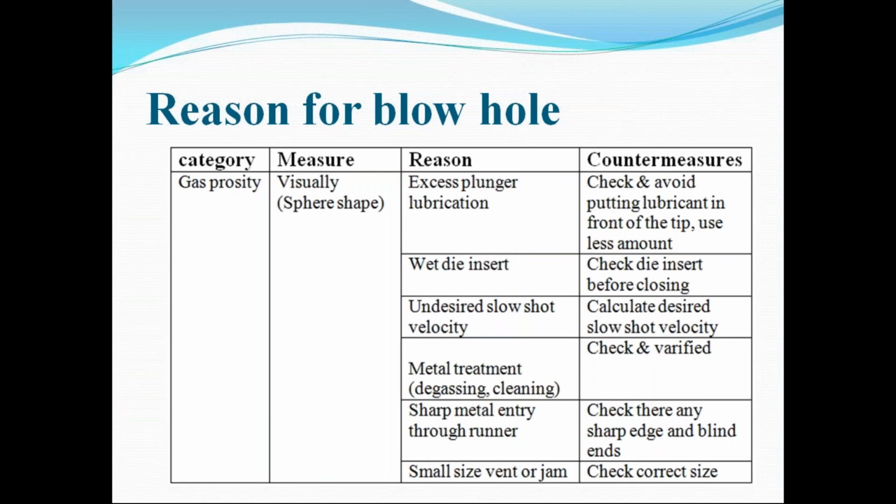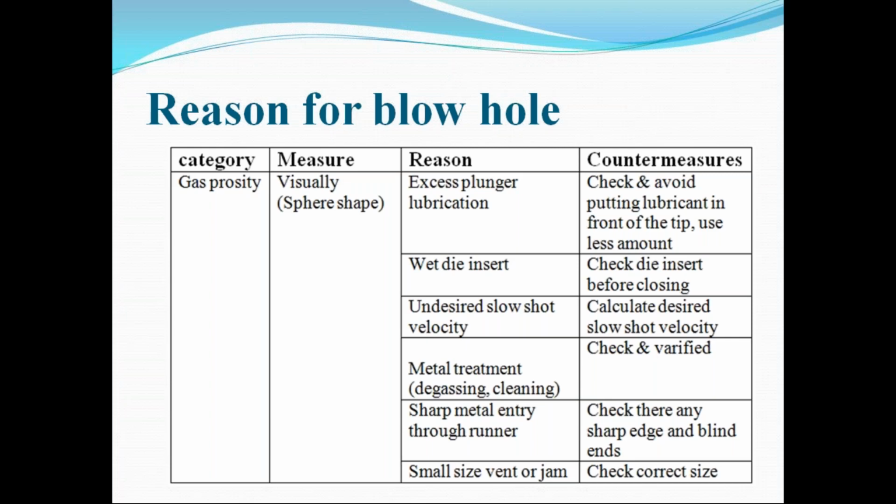Now the next one, this is gas porosity. This is also another category. The first one here, you can identify it by simply looking at the surface of the product. It is spherical, and it occurs when the entrapped volume of gas is higher compared to the gas solubility. Okay, the air is dispersed as small spheres in the high pressure air when the metal fills the cavity.